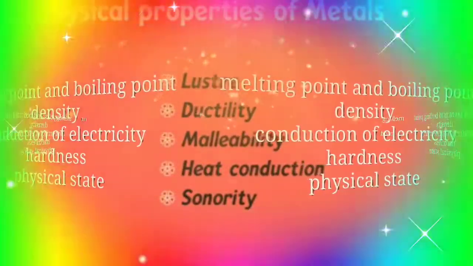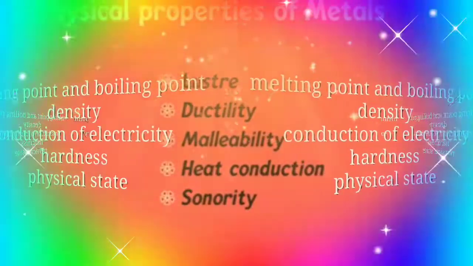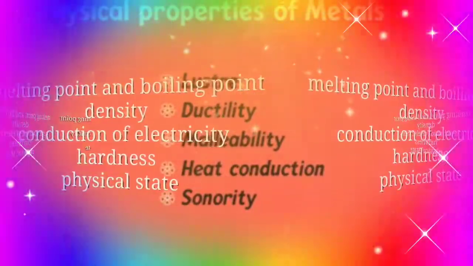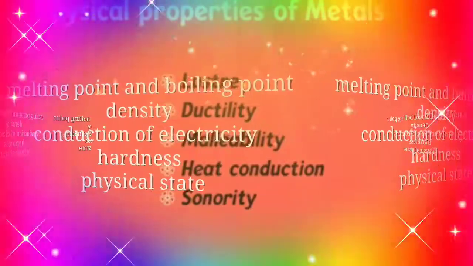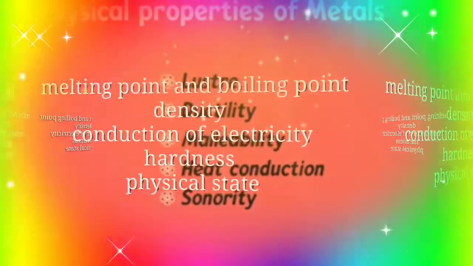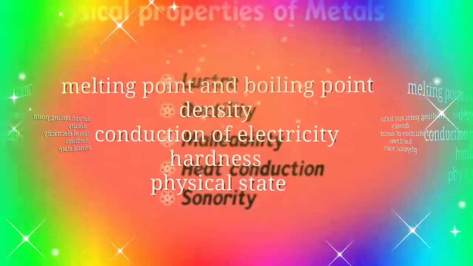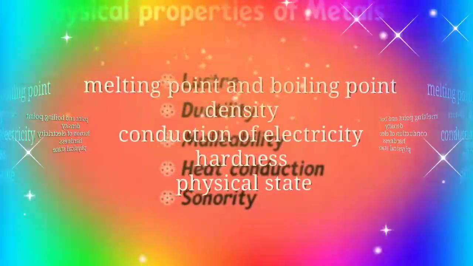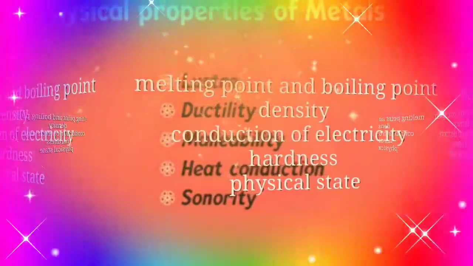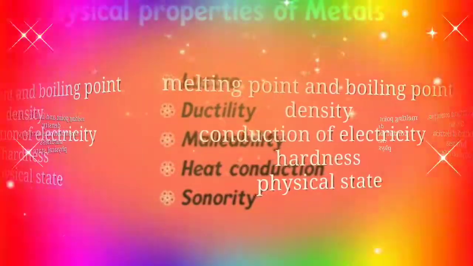See the next one, melting point and boiling point. Generally metals have high melting and boiling points, and exceptions are sodium and potassium. Non-metals have low melting and boiling points. Exception, the solid non-metals carbon and boron melt at high temperature.